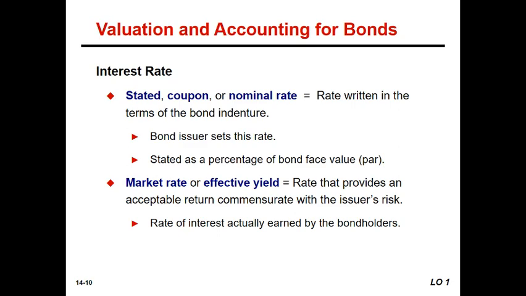If the bond sells at face value or at par, the coupon rate is going to be the same rate that is actually earned by the bondholders. However, because of fluctuations in market conditions and the buying and selling of bonds, as well as the fluctuating in the credit risk of the organization, this may not actually be the case.